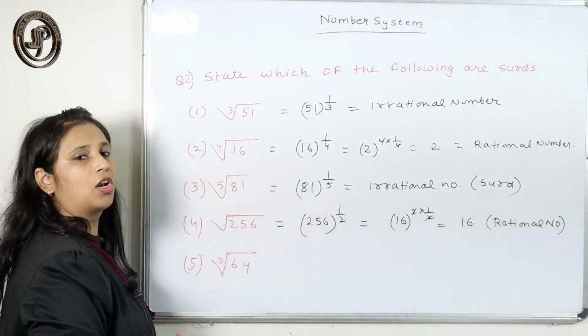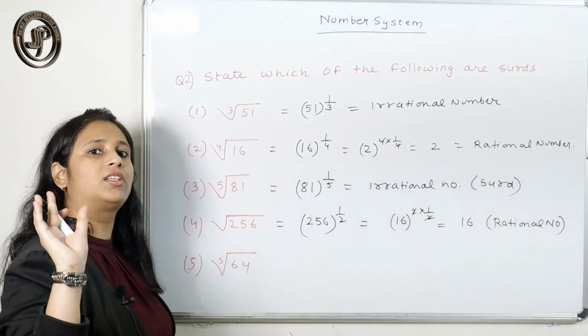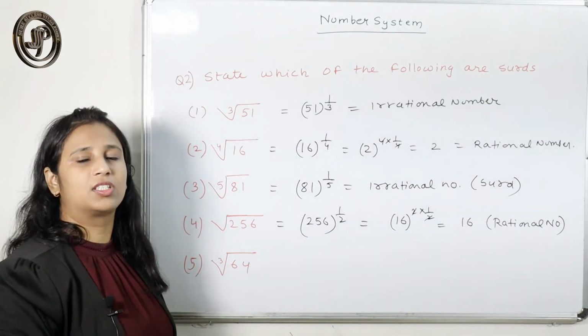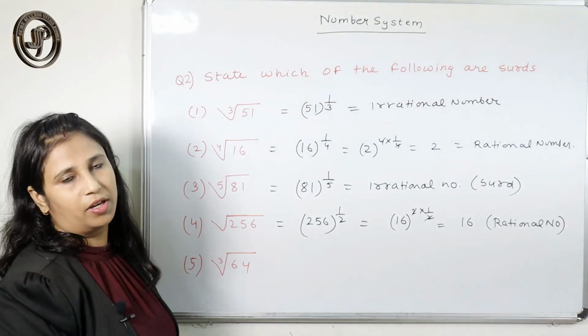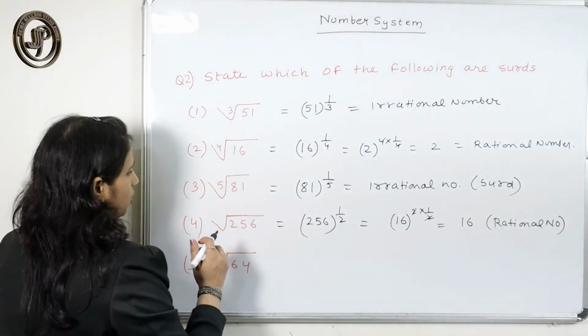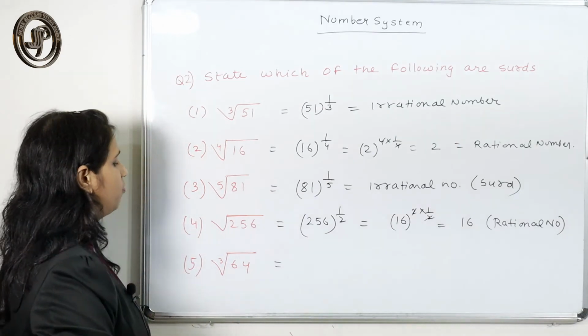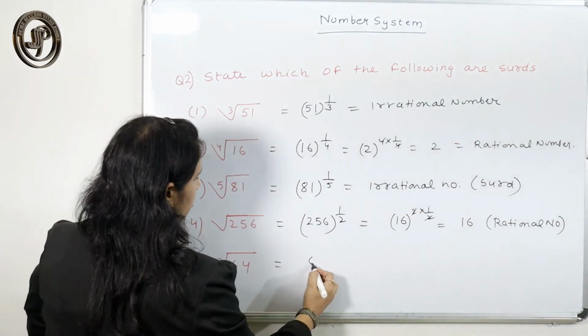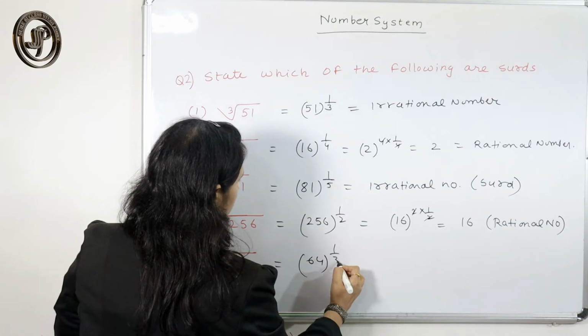A number with a root whose final answer stays under the root is irrational. You can predict this way also. Check it: 64 raised to 1 upon 3.